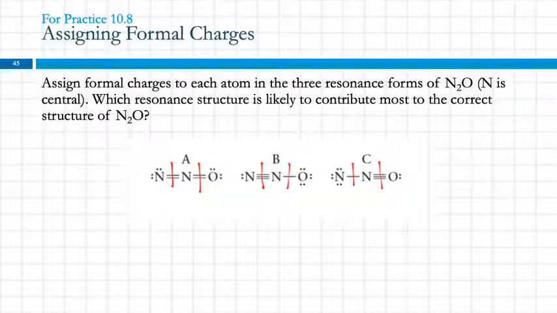Nitrogen always brings 5 electrons in. 5 valence electrons. How many is it leaving with here? 6. 1, 2, 3, 4, 5, 6. So that's a -1. This nitrogen in the middle also brought 5, but he's leaving with 4. It doesn't seem fair.